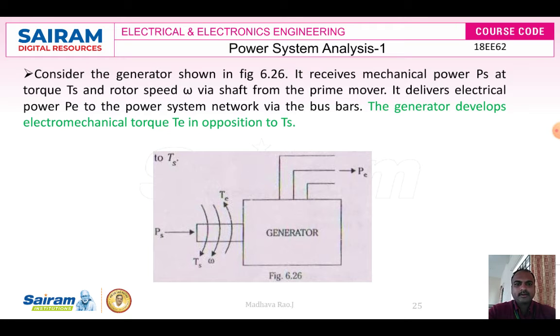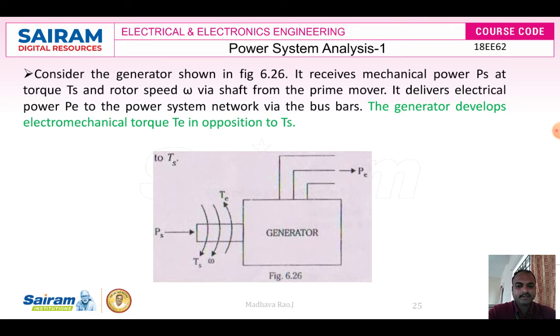Here the mechanical power PS, or torque TS with respect to the speed omega, is developed via the shaft from the prime mover. It delivers electrical power PE. So PE is the electrical power, TE is the electrical torque and TS is the mechanical torque. These two are in opposite directions.